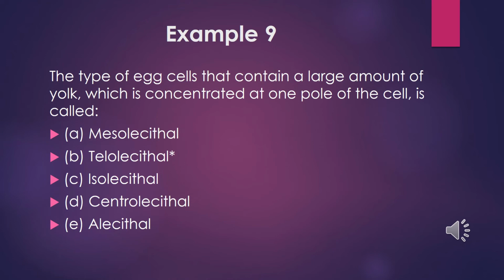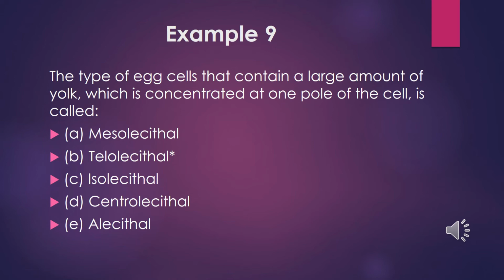Example number 9. This example question asks for information about types of ovum. Please look very attentively. Here you see types of ova and the question asks about these types.